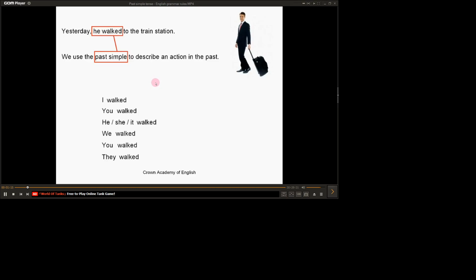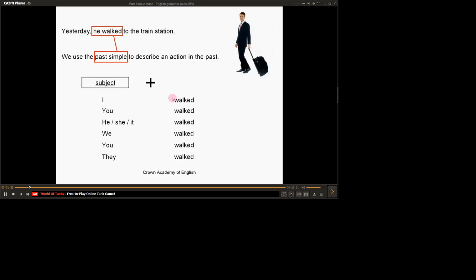So if we look at this in more detail, then this is the form. We have the subject and then the verb in the past simple form. Now walk is a regular verb, and for regular verbs we simply add the letters ed to the base verb.